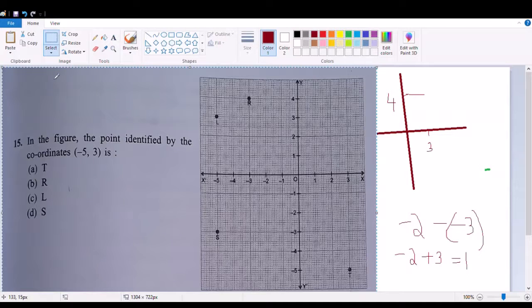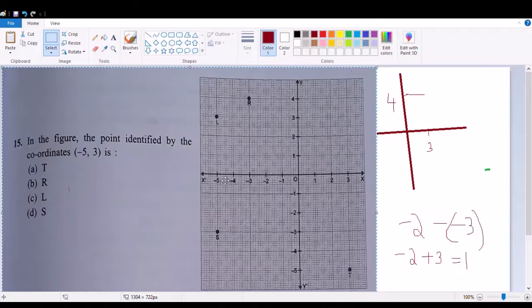In the figure, the point is identified by the coordinates minus 5, 3. Let this be the point R, this is the point L, this is the point S, and this is the point T. But we have to identify the point (-5, 3).